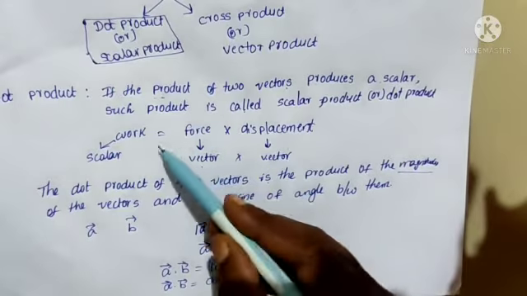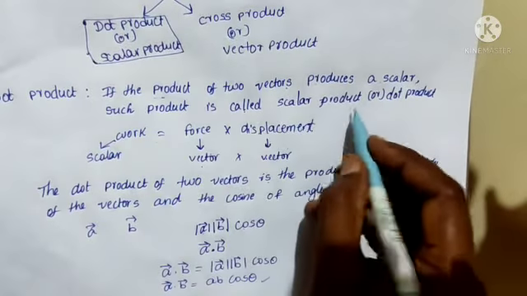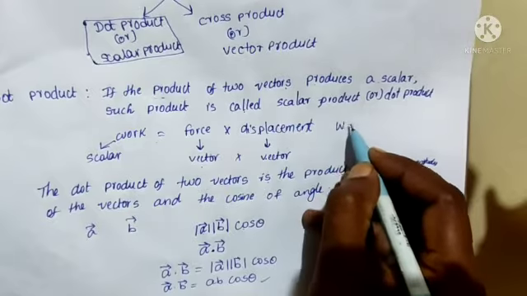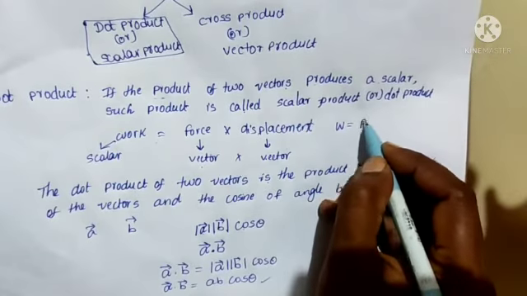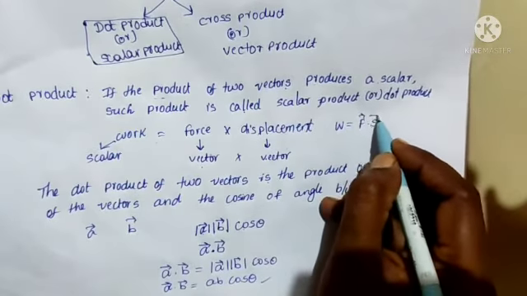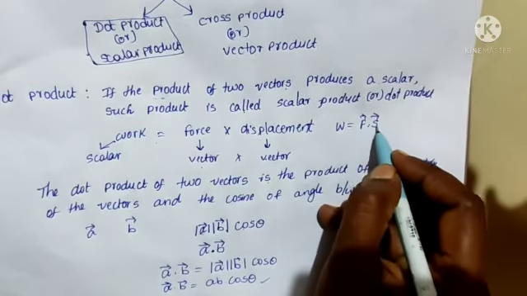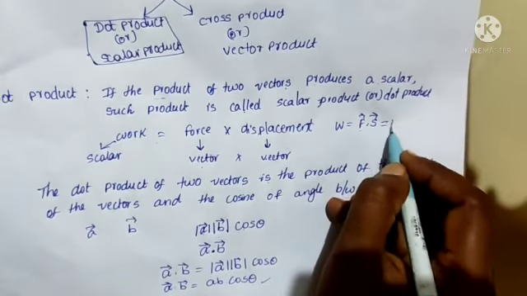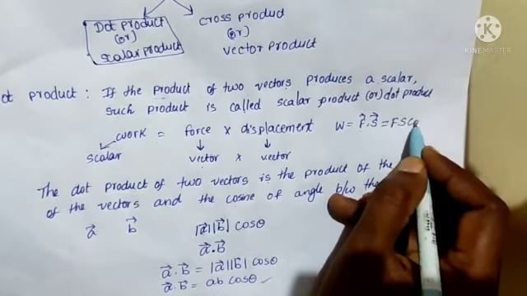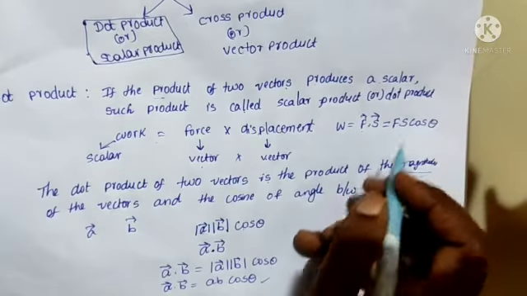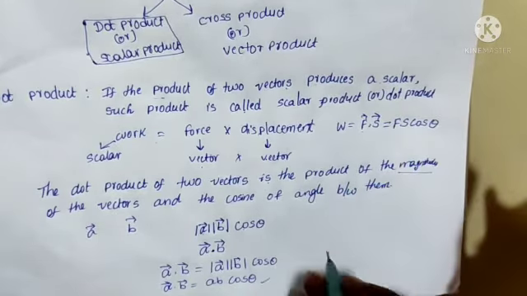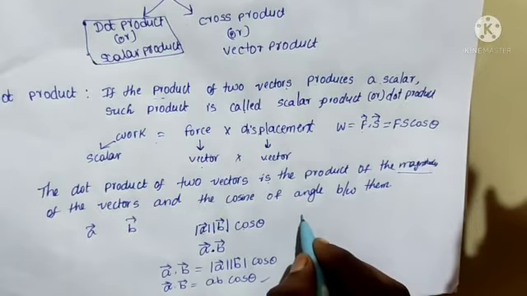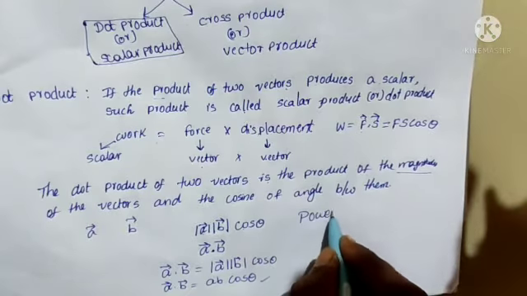So now write the work formula: W equals F bar, because it is a vector, dot S bar. This is the representation. When mentioned in magnitude, it is Fs cos theta.